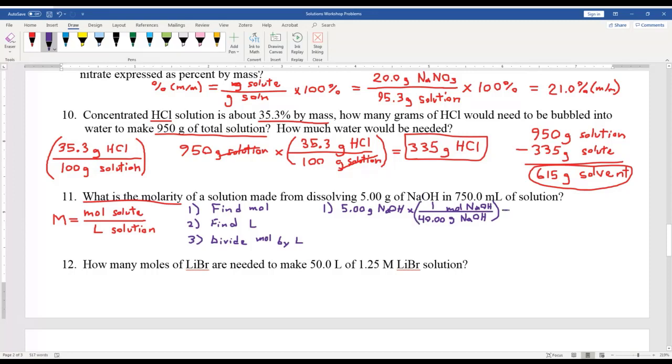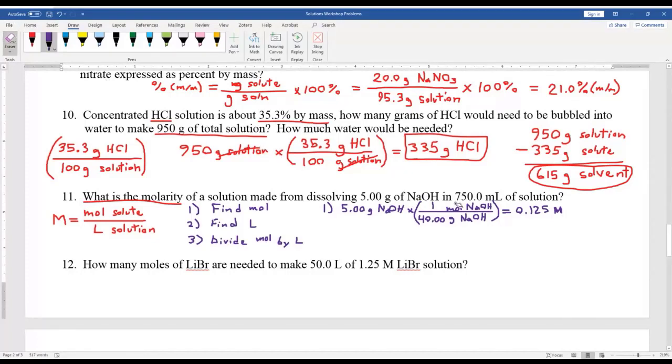We can just go ahead and calculate this, and that's going to give you what? It's about 0.125 if I'm calculating that correctly in my head. That's the moles. And I actually made a little mistake there.